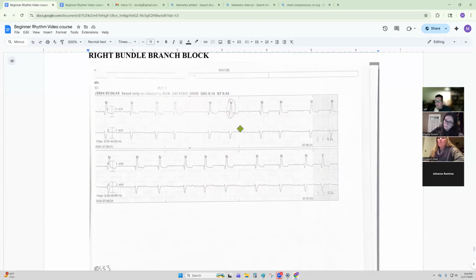So, I heard that one other time. Say again? I heard that one other time, but I'm... Heard what? With the positive T wave thing. Someone else said that too. I'm just kind of like, are you supposed to measure the nadir?